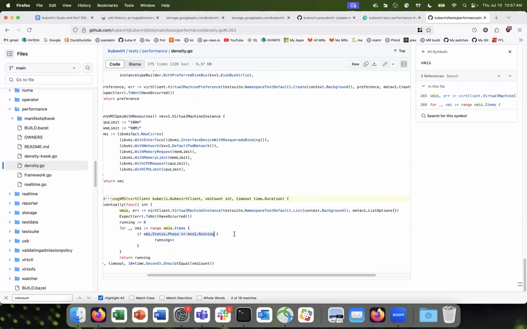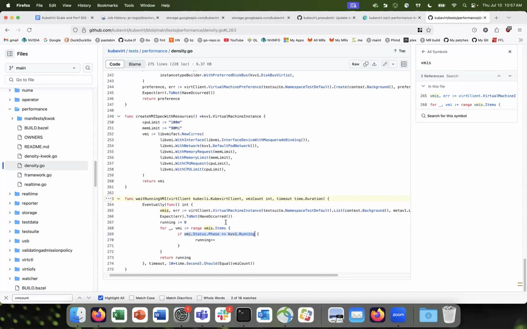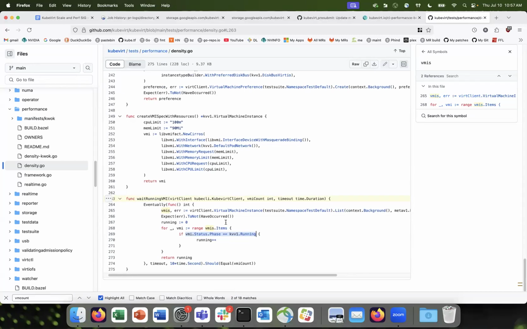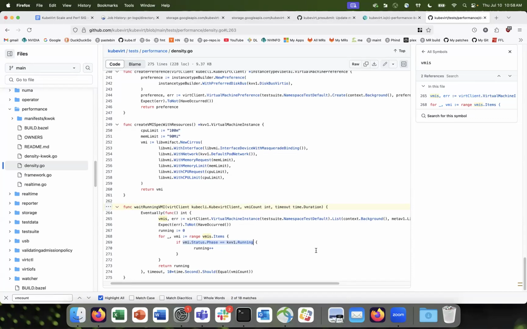I don't know how this would pass. It thinks it's looking at running VMIs, that's for sure, the ones that it created. Yeah, I don't know.